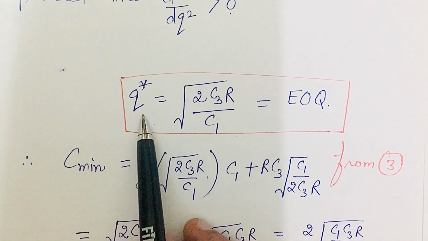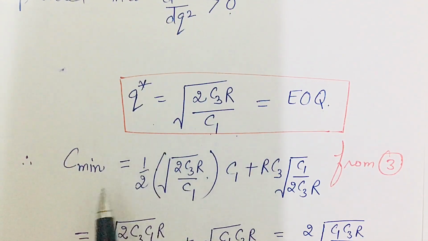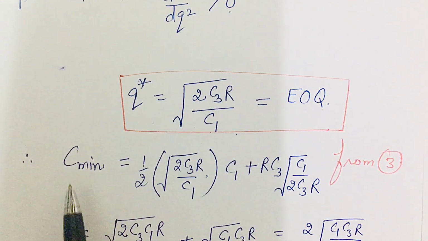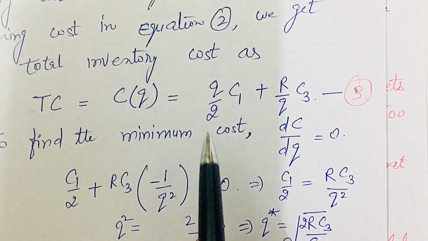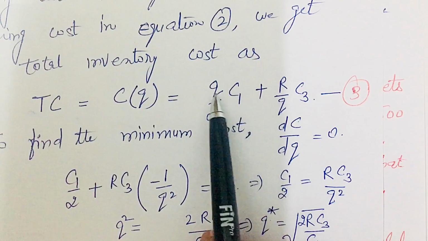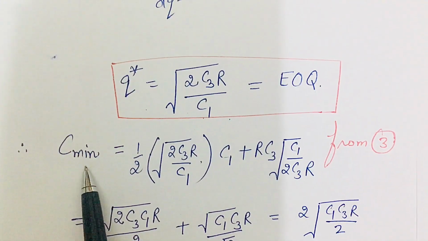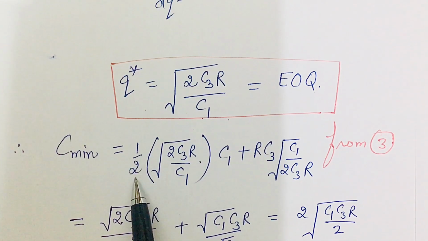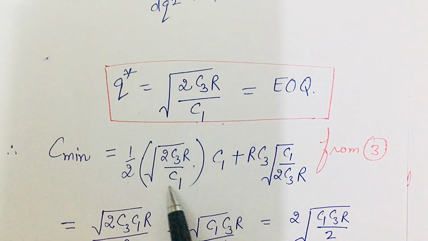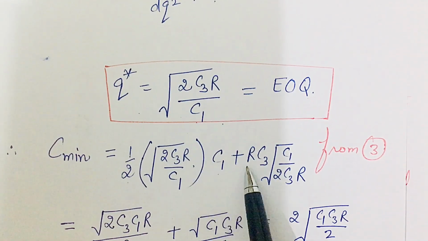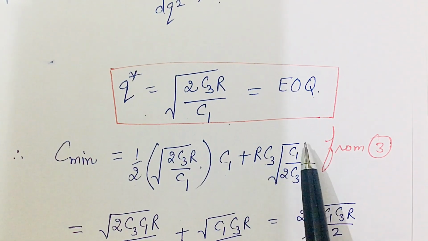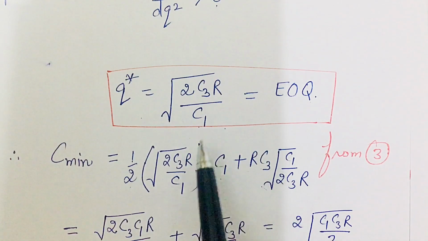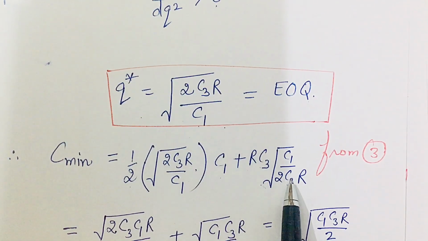So put down the value of Q in the cost equation. Your cost equation is given in equation number 3. This is the cost equation. Put down the value of Q here. You will get C minimum. C minimum is 1 by 2 into Q, this is the value of Q, into C1 plus R into C3 into 1 by Q. 1 by Q is the reciprocal of Q. We can take the reciprocal of this term.